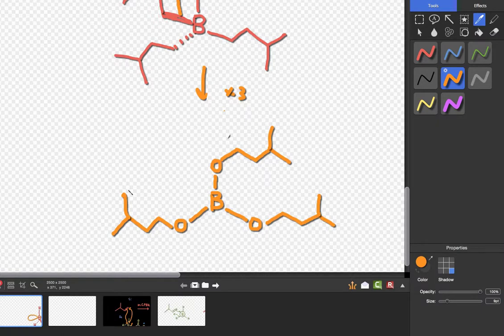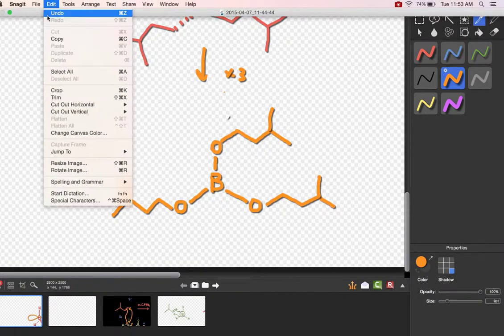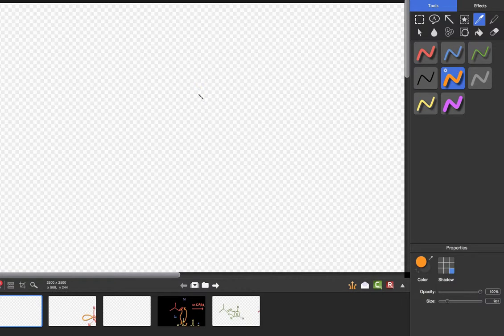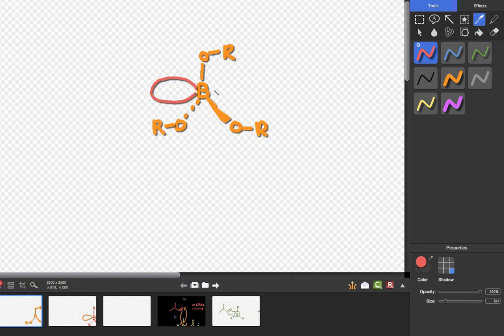So in the last step, this is where things get kind of controversial too. In the last step of this mechanism, I'm going to write these as R groups just to simplify things a bit. So you see that the borane toggles between a trigonal planar geometry in which there's an empty p orbital and a tetrahedral geometry. So now we're back to the trigonal planar geometry, which we have the empty orbitals.